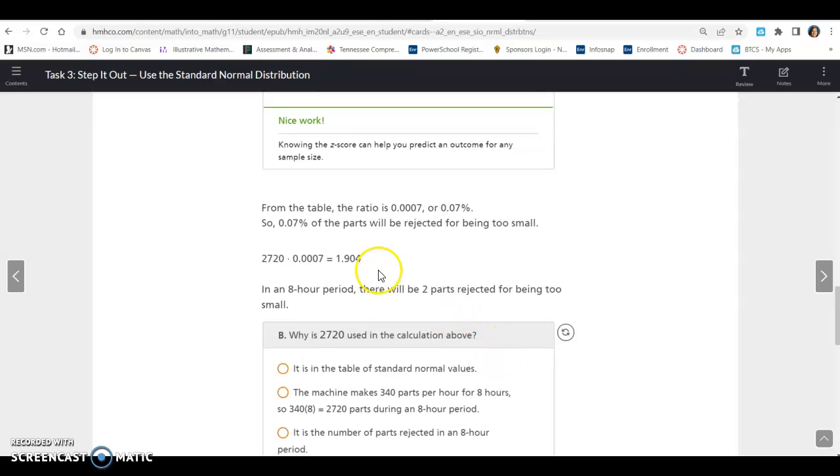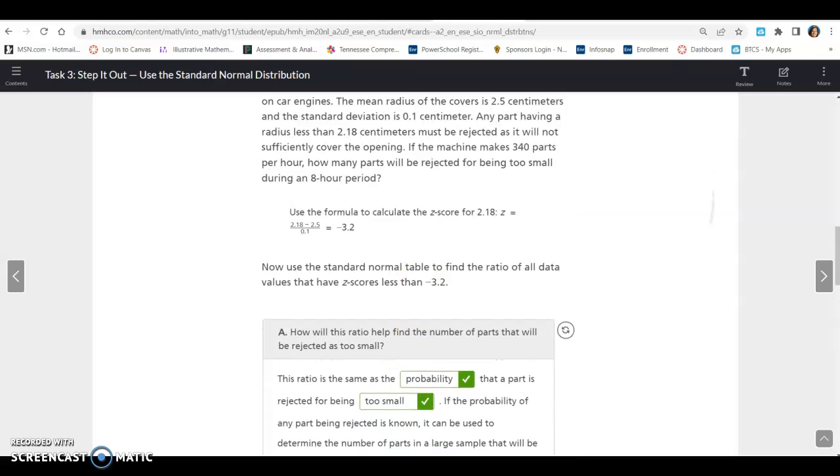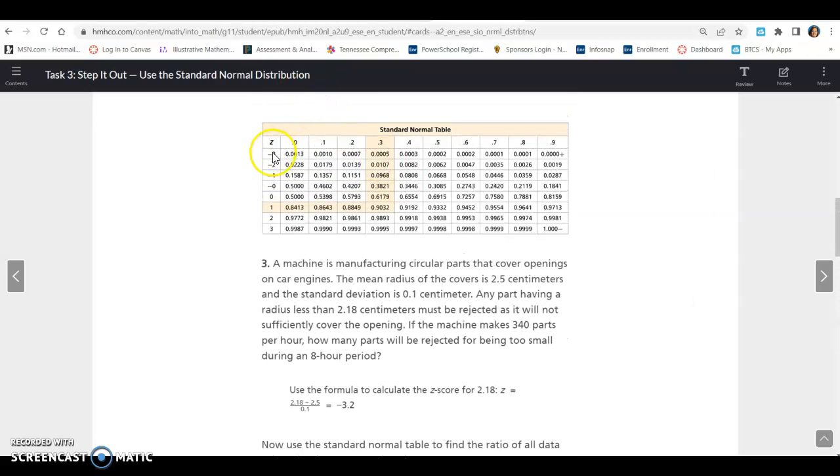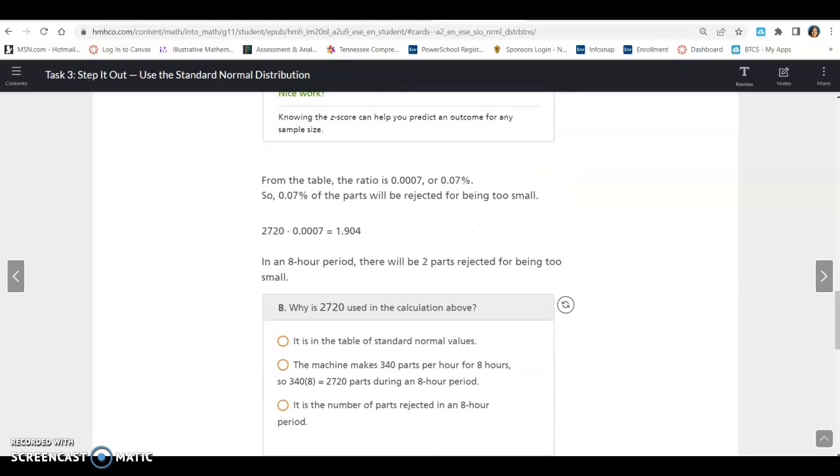Alright, so it says from the table the ratio is 0.0007, which we've seen. All you have to do is look at the -3 and come over to the 0.2, and that gives you that decimal point right there.